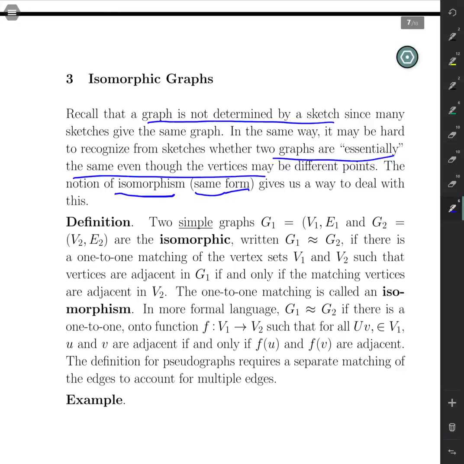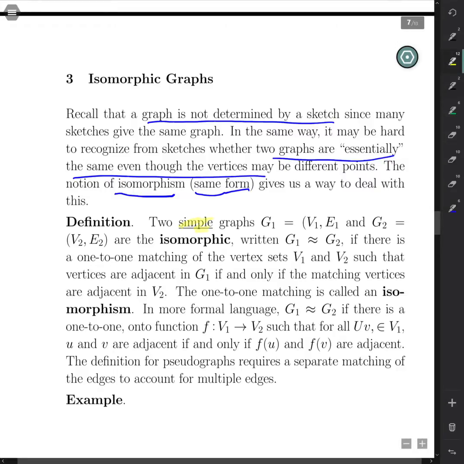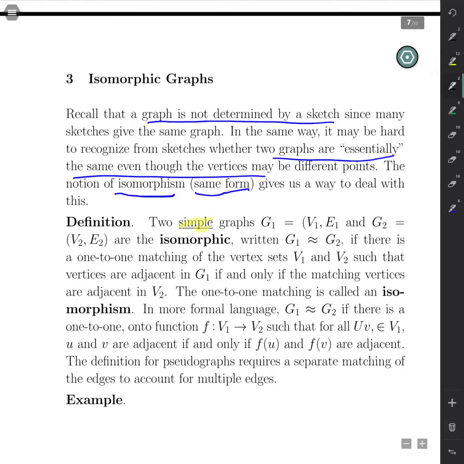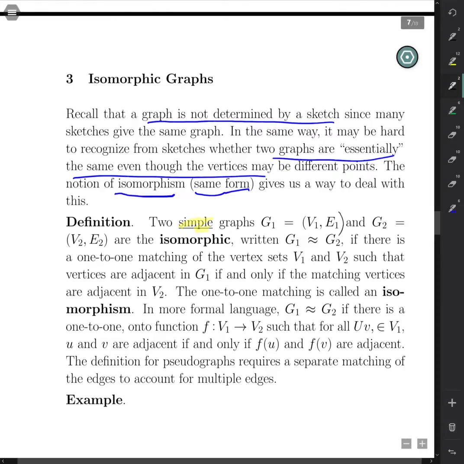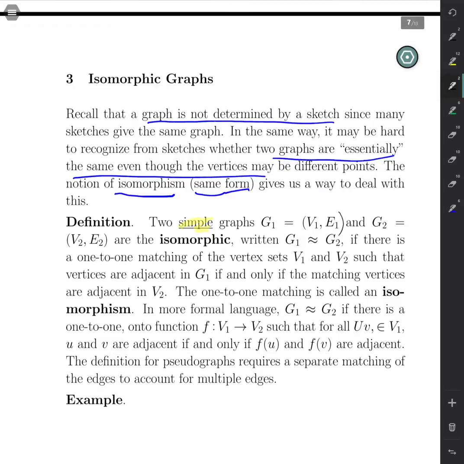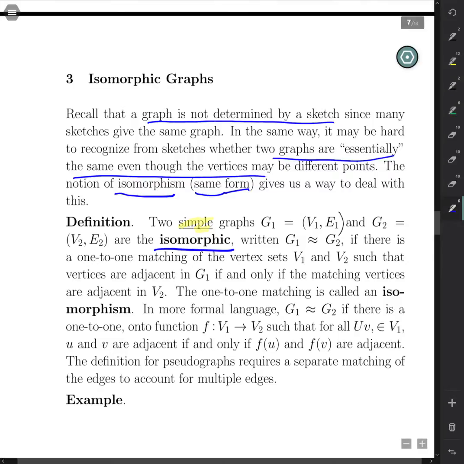We'll say that two simple graphs, and now I'm just going to do it for simple, so I've emphasized that here, G1 that has a given vertex set V1 and edge set E1, and G2 in like fashion, are isomorphic. They're isomorphic, with an "ic" there, and we'll write it with a little double squiggle.